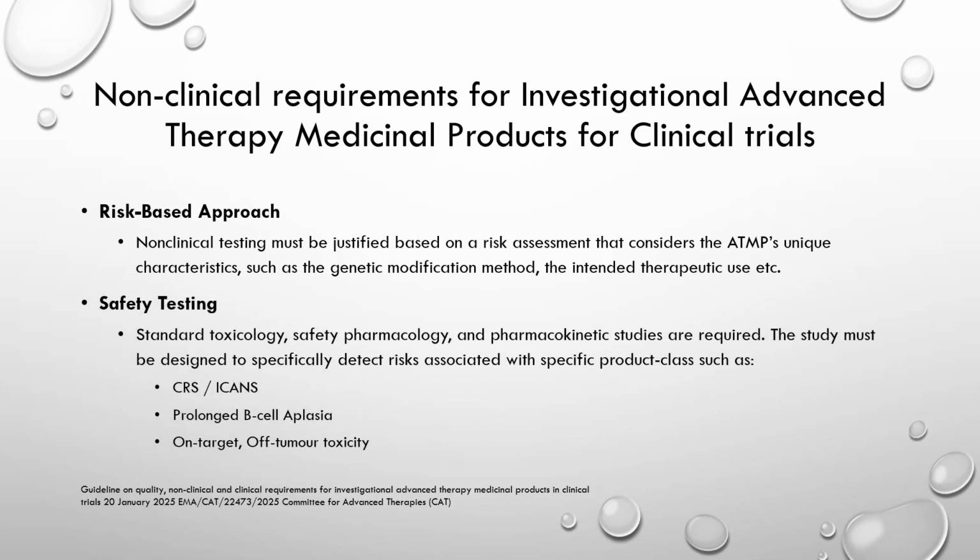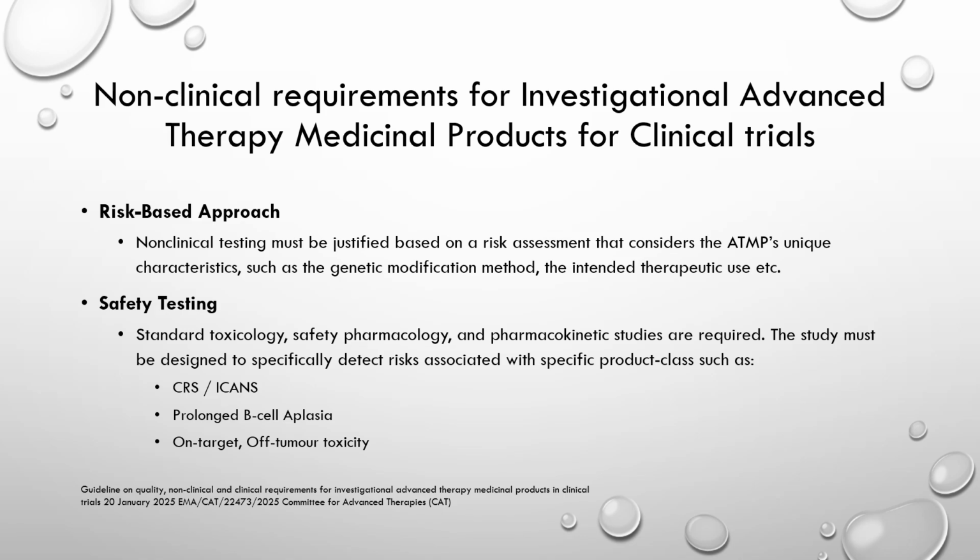Now, your safety testing, so you need to do your toxicology testing and your safety pharmacology testing. Pharmacokinetics studies are required, and the studies have to be designed to specifically detect the risks associated with a specific product class, as I've just said. And here are some of the risks associated.